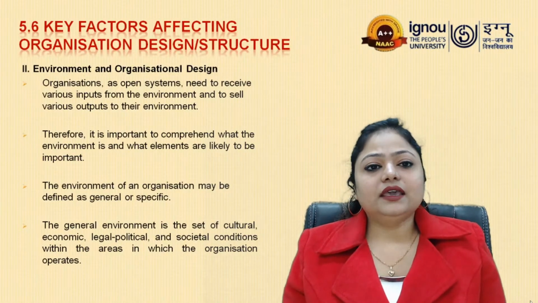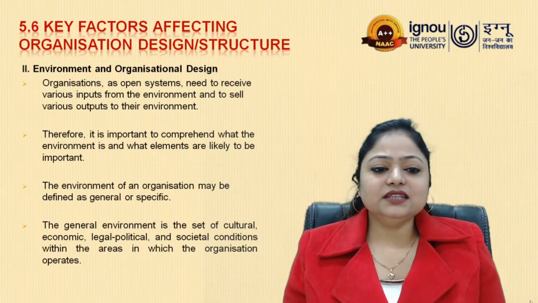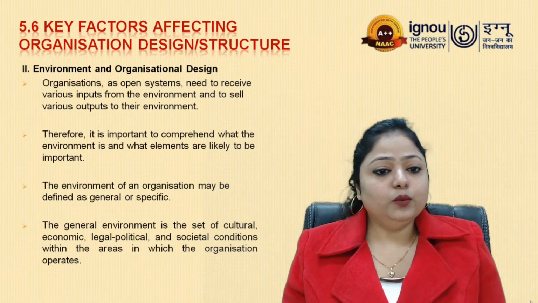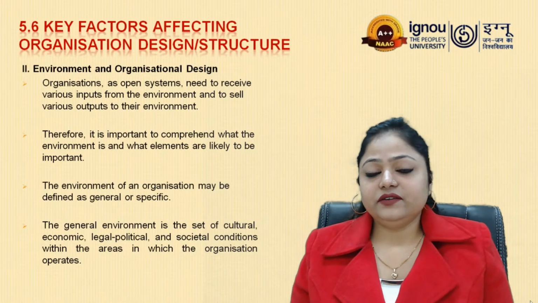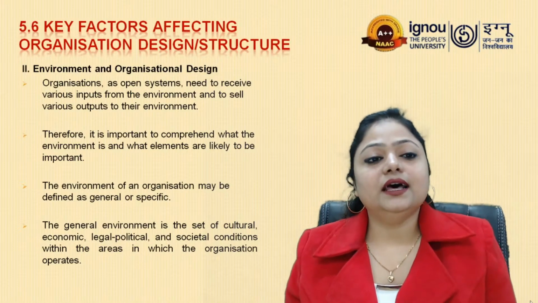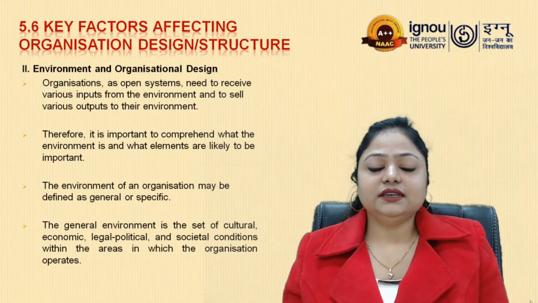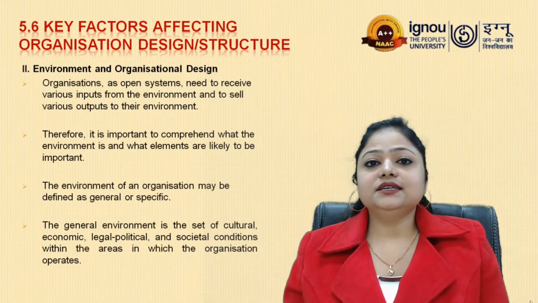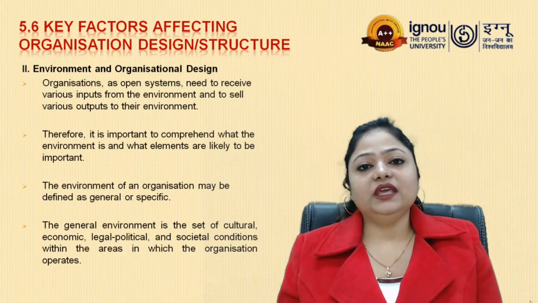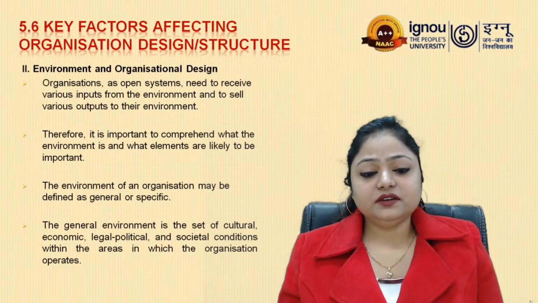Then the second key factor, which we have already dealt with, is the organizational generic and specific environment. So organization is an open system, as we have already discussed when we were discussing various concepts in human resource development, and in the first two units of organizational theory and design as well. So organizations are open systems and need to receive various inputs from the environment, and the output is meant for the outer environment.